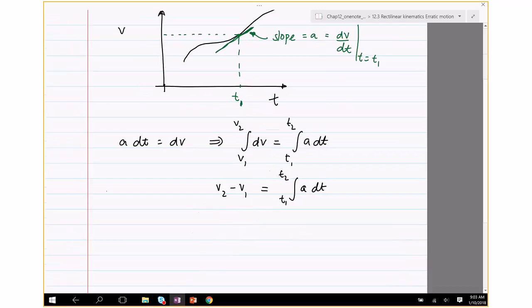The other way to think about this formula is that a dt happens to be the area under the acceleration time plot.